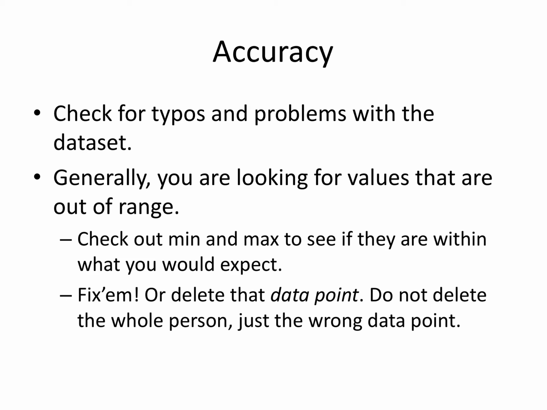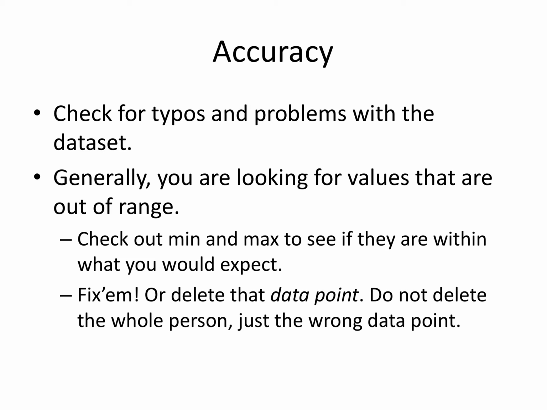Now, if I have those problems, what do I do? Well, you can fix them. If you have the original data, let's say you magically have it on pen and paper, you can fix that mistyped data point. If it's the word 19 spelled out, you can go in and manually change it to the number 19. But mostly, we're not omniscient, so we don't know what the data point should be.